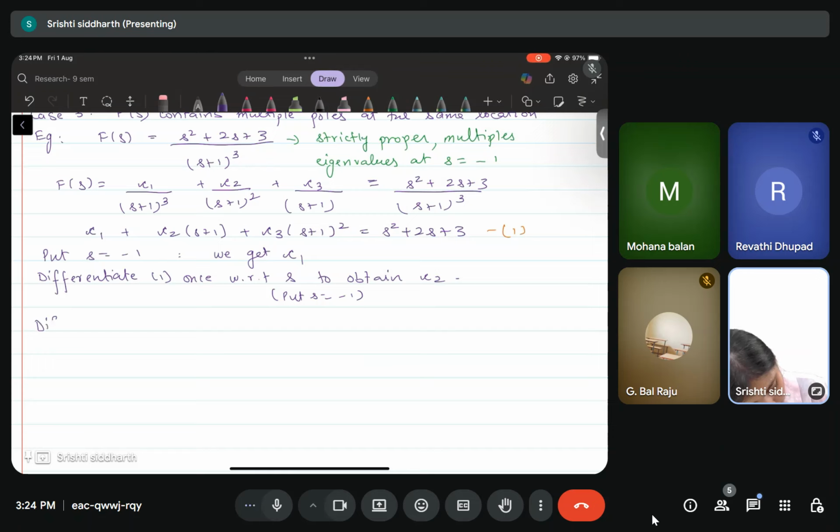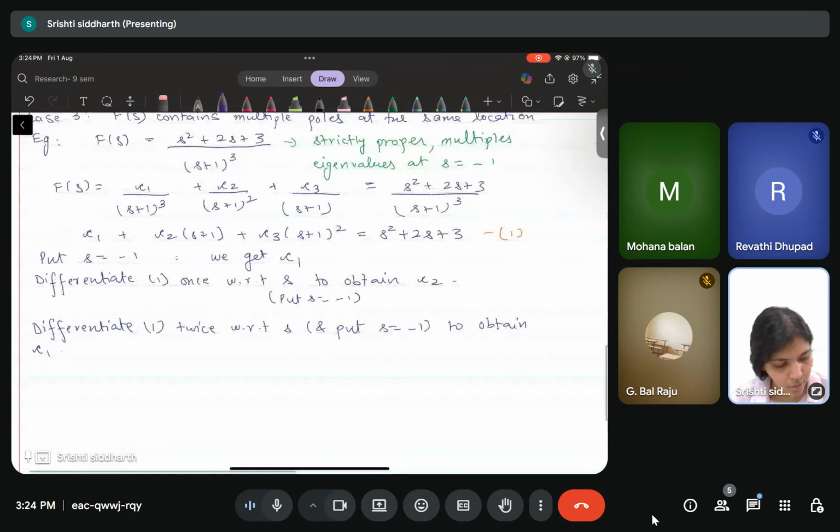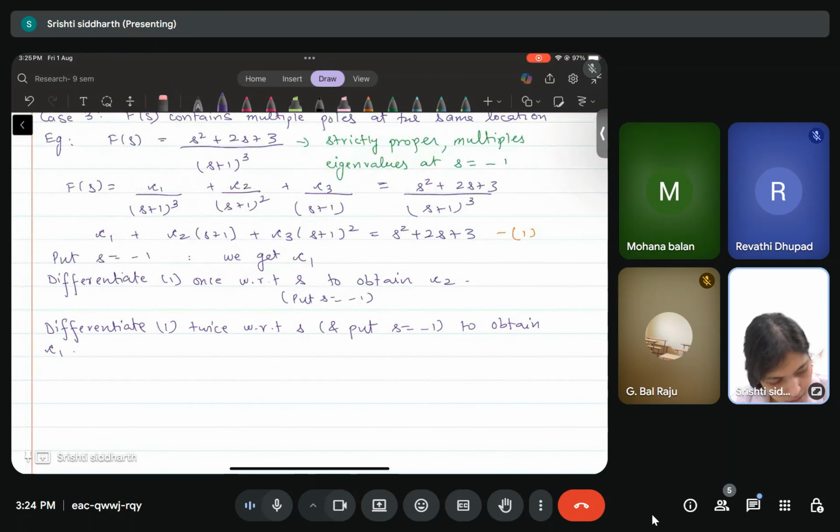Then differentiate 1 twice with respect to s and put s equals minus 1 to obtain c3. And of course, you can also verify that you have the correct values for c1, c2, and c3 by substituting them.